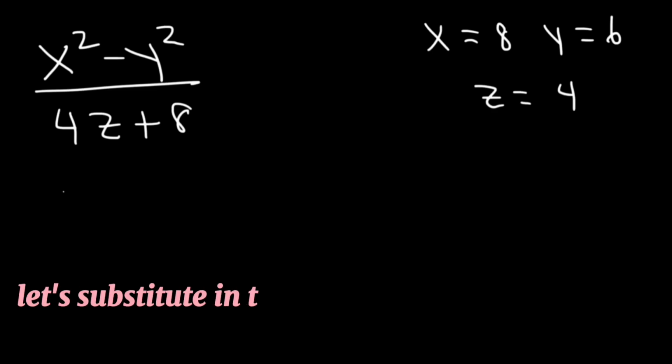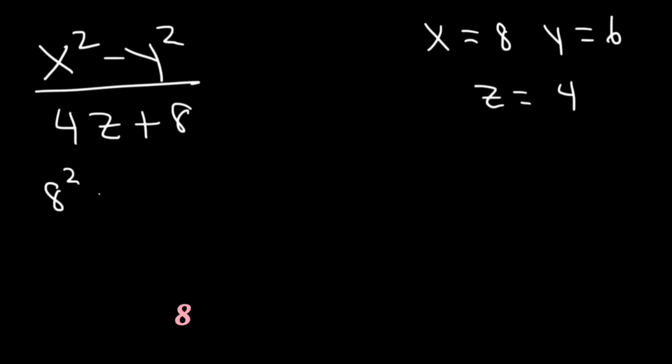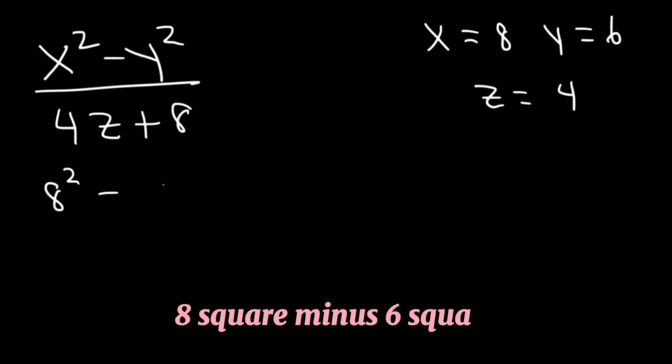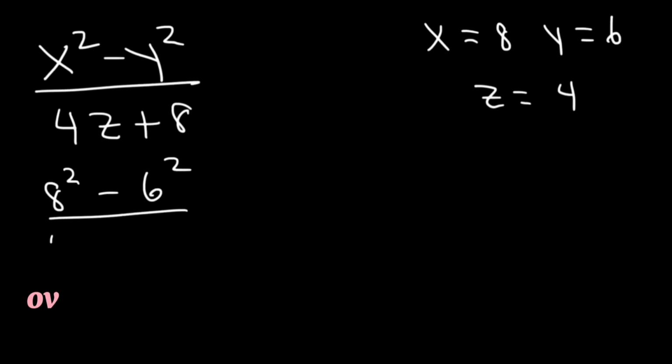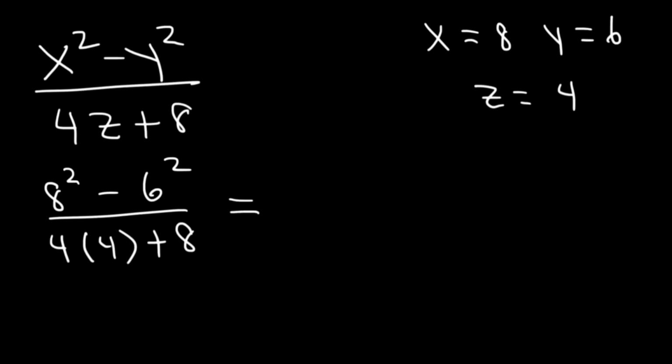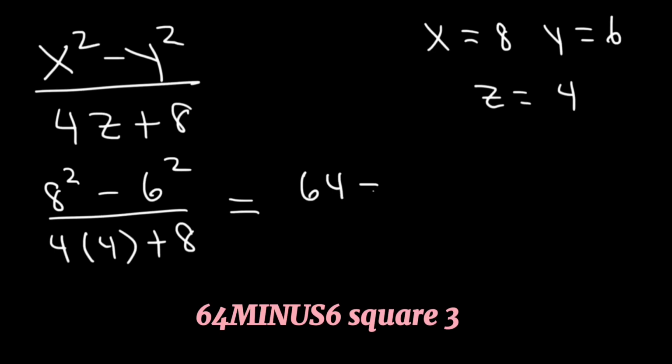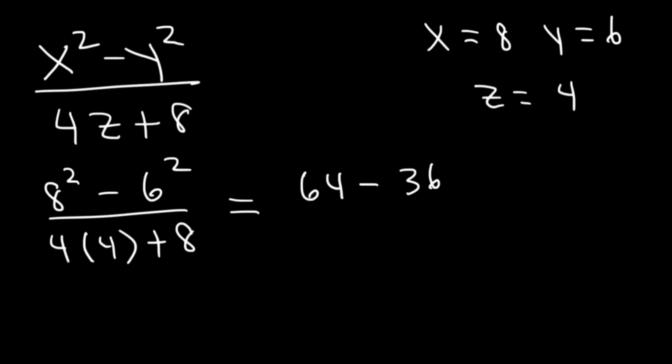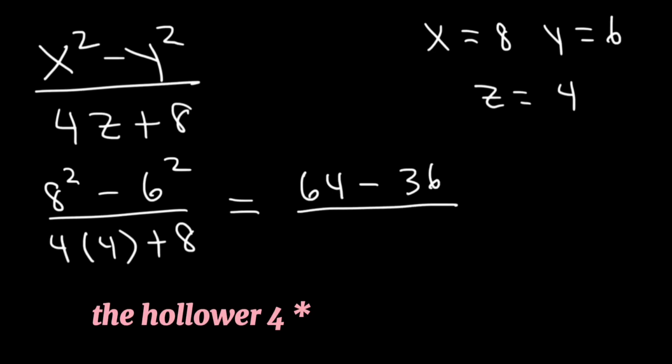Let's substitute in the given algebraic expression here. 8 squared minus 6 squared over 4 times 4, that z is given 4, plus 8. Here 8 squared means 64, minus 6 squared 36, the whole over 4 times 4 is 16, plus 8.